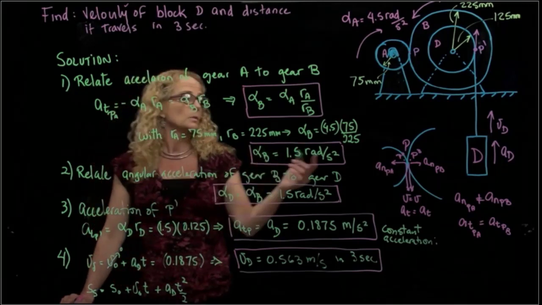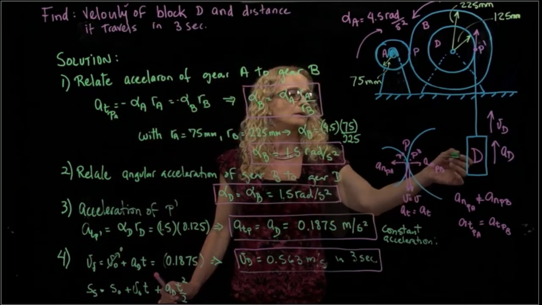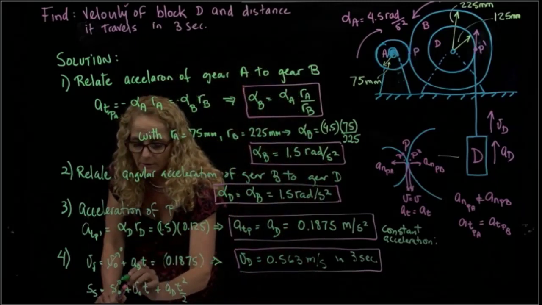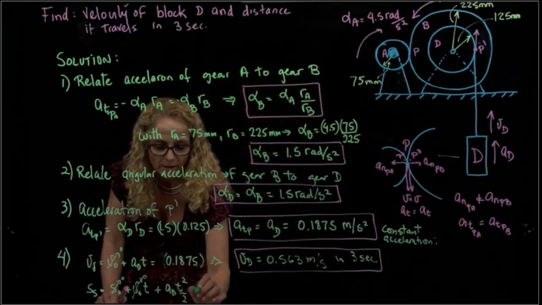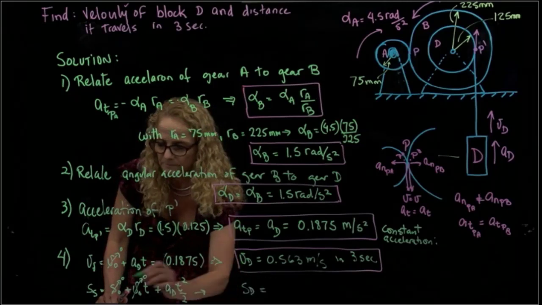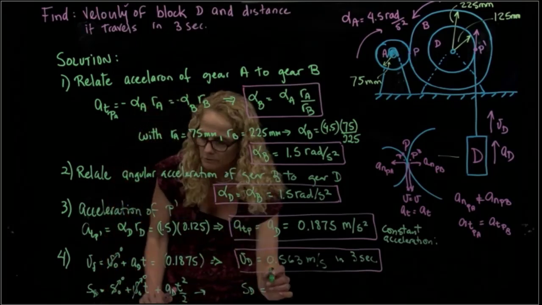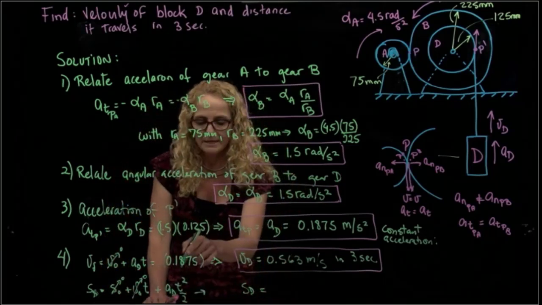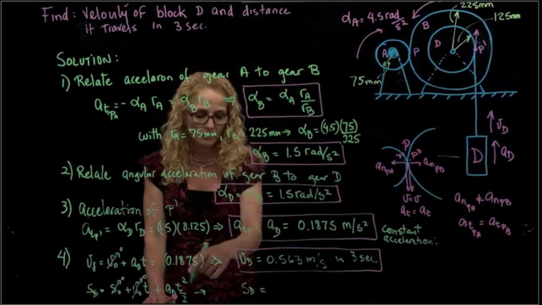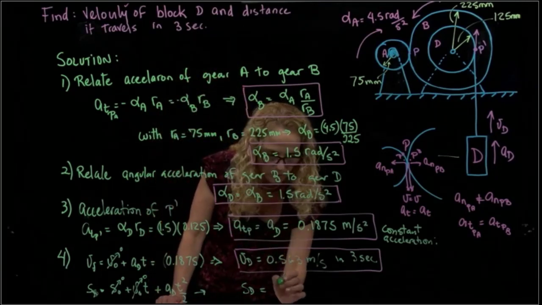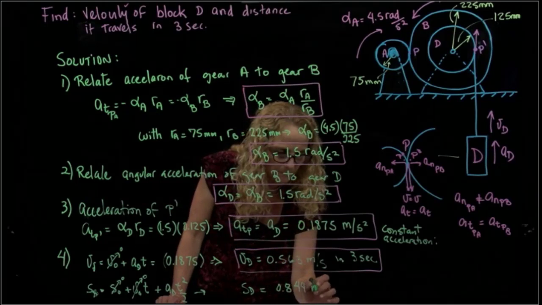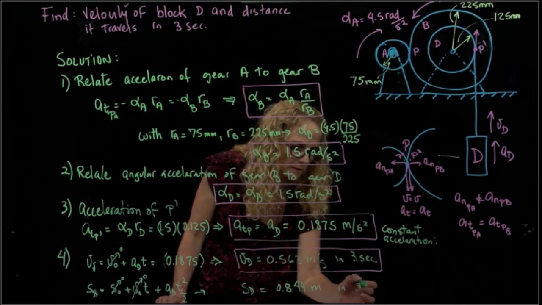And since we can put a datum where it started at 0, displacement at 0 time, we can say that this is 0, this is also 0, and then we have that the displacement of D will be equal to the same acceleration times 3 squared over 2, and that gives me a value of 0.844 meters in 3 seconds.